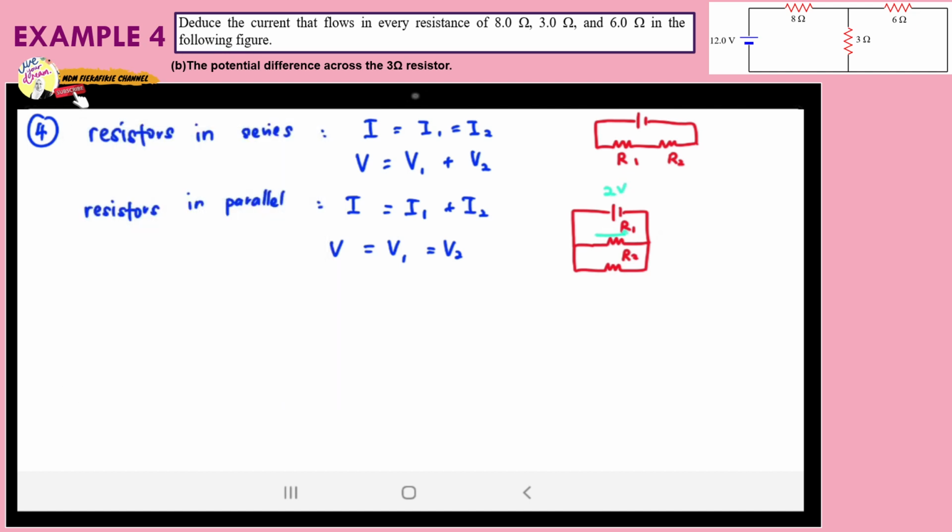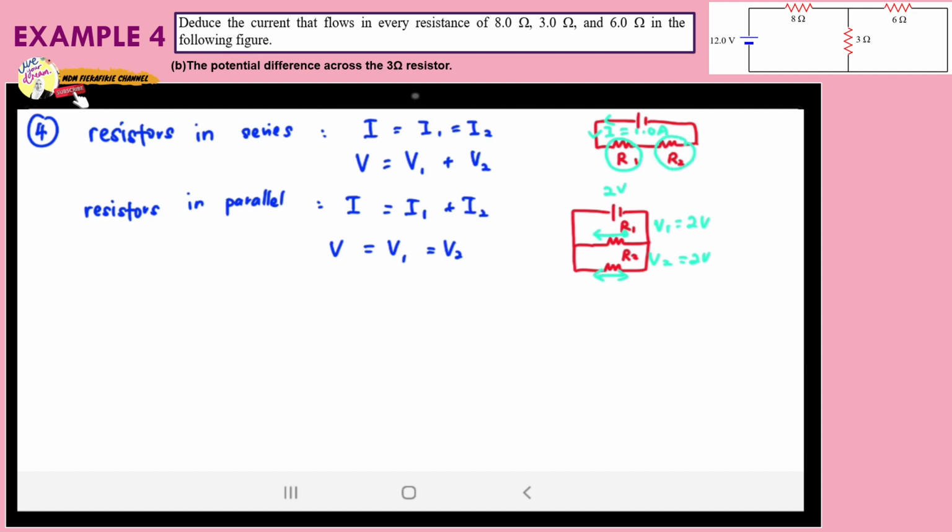So the voltage across R1 is also 2 volt, and the voltage across R2 is also equal to 2 volt. But for the series combination, the current that passes through the circuit, let's say I is equal to 1.0 ampere. So the current that passes through R1 is also 1.0 ampere, and this is also 1.0 ampere.